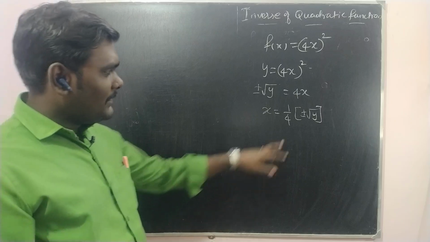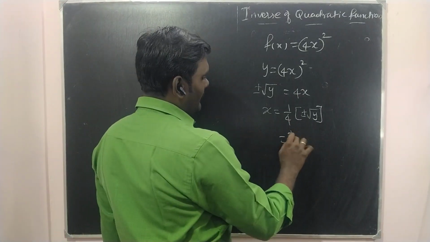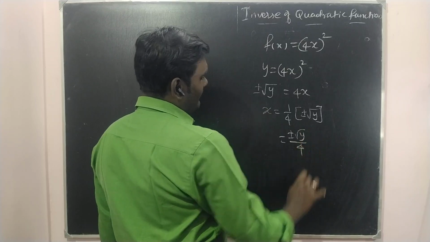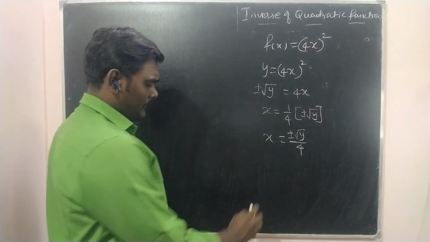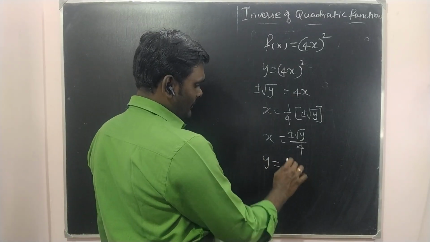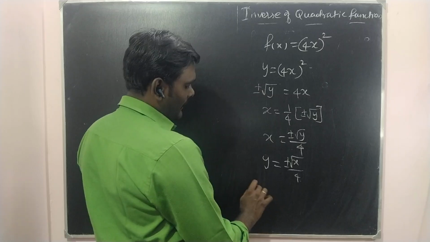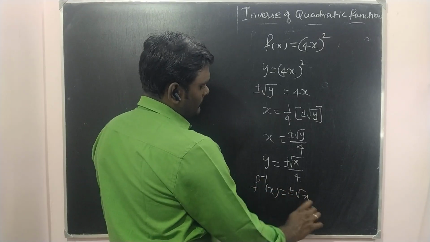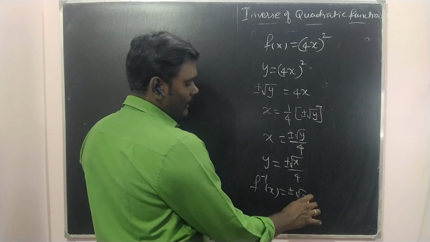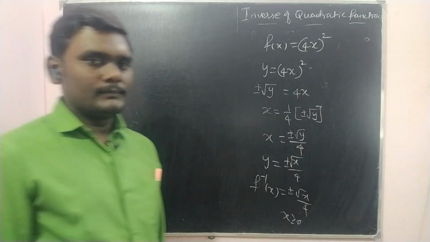That means these two are in product. This we are supposed to write as plus or minus root y by 4, which would be nice. Now replace x as y and y as x, then we get y equals plus or minus root x by 4. Y is nothing but f inverse of x, and it is defined for whatever is inside the square root being greater than or equal to 0. That is all, very simple.